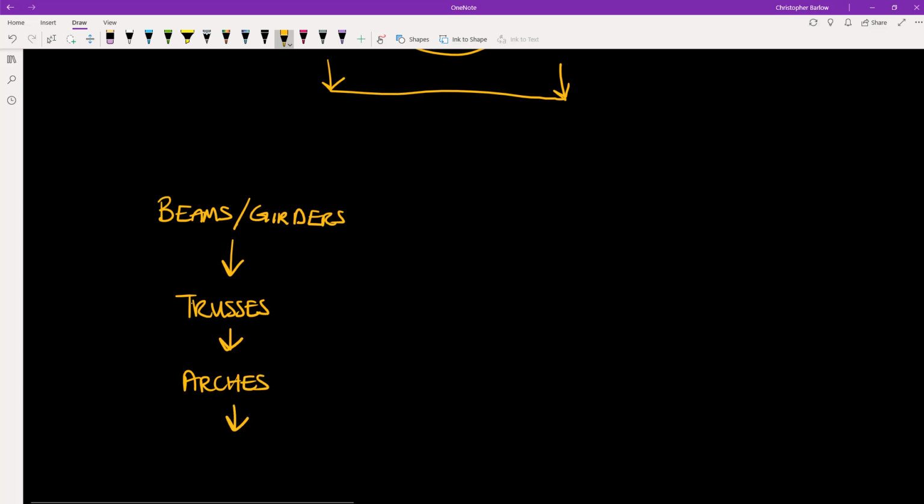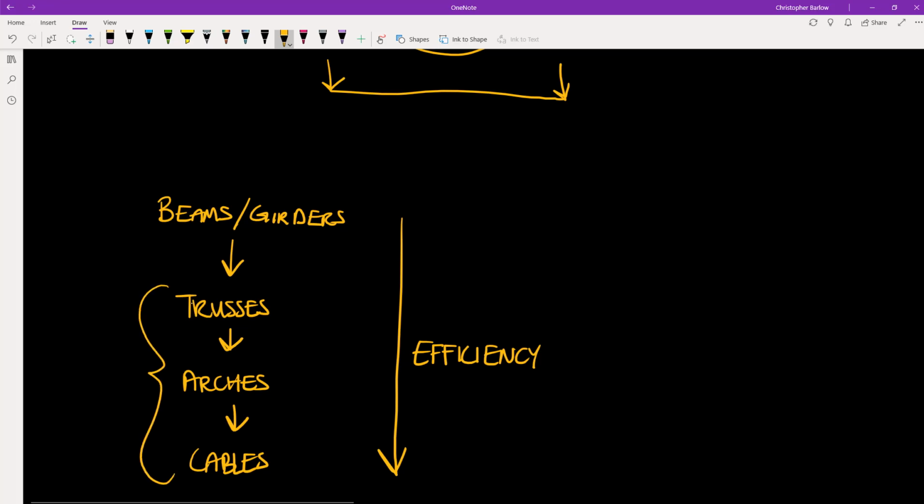And finally, cables. And this is in order of increasing efficiency. In the next few videos, we will be concentrating more on these three structural elements, their behavior, and the procedures for analyzing them.